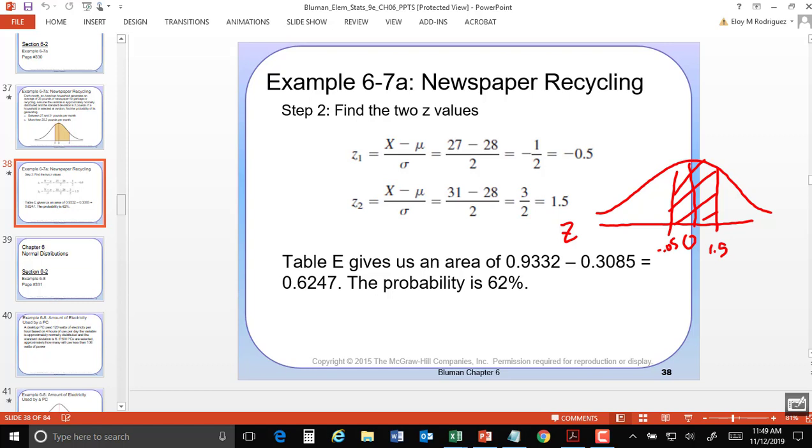So if I'm asking what is the probability that the random variable x is greater than or equal to 27 and less than or equal to 31, the probability of somebody falling in that range is, in fact, 0.6247. See it? That's this area subtracted from the other area. Okay, good. Then we can go on.